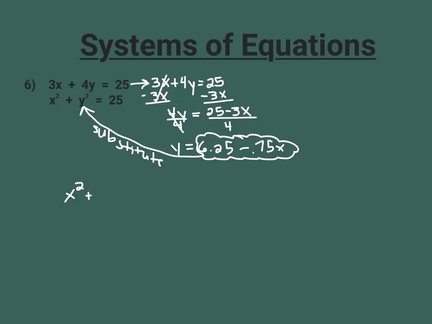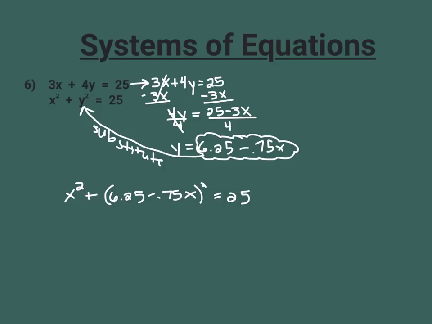So x squared plus, I'm going to put this all in parentheses, and square it, equals 25. This is the equation we're going to be solving.